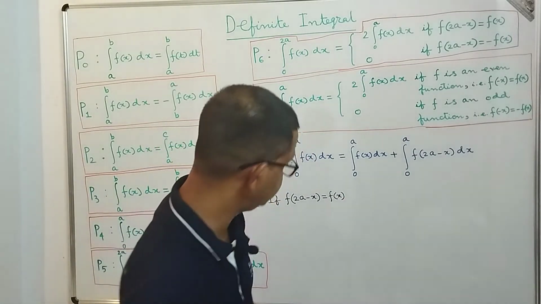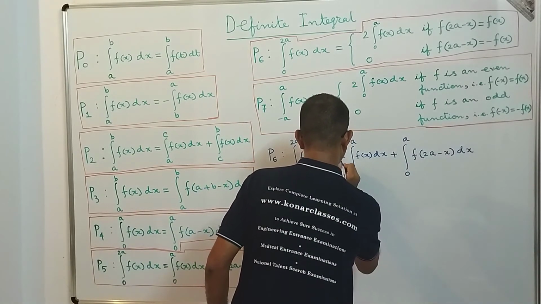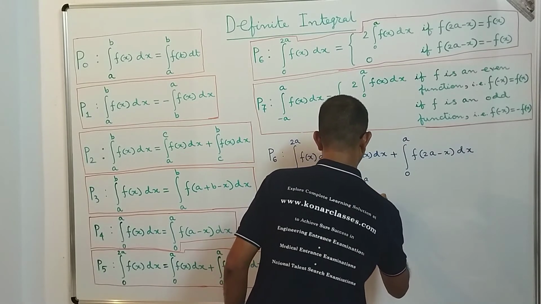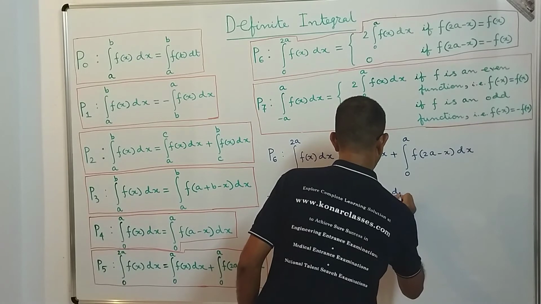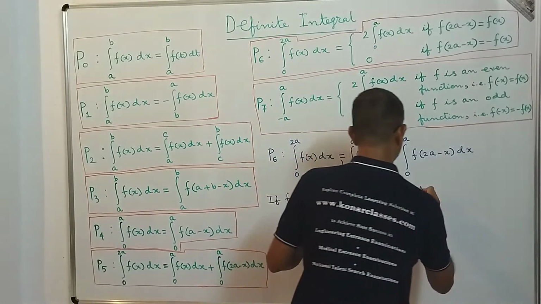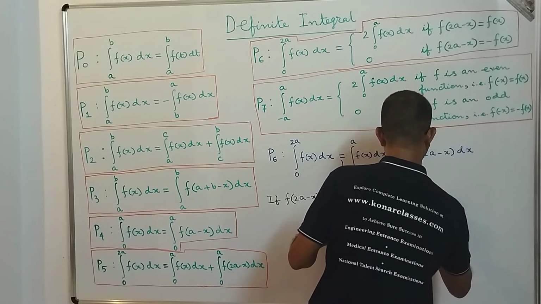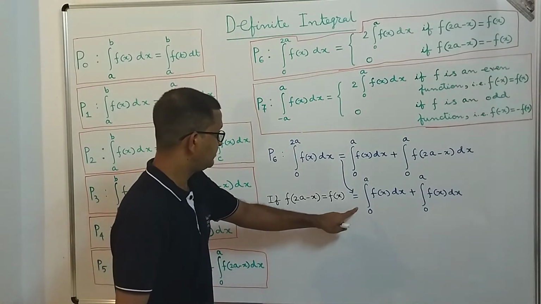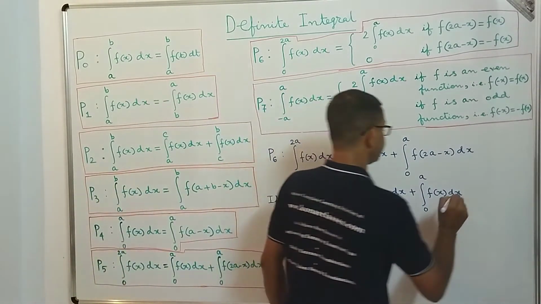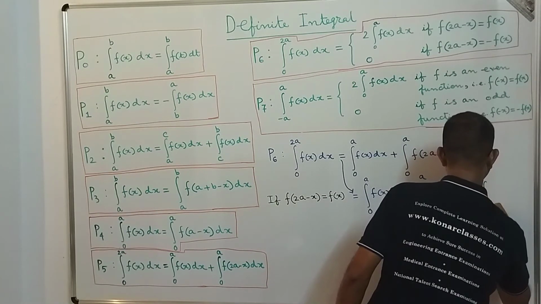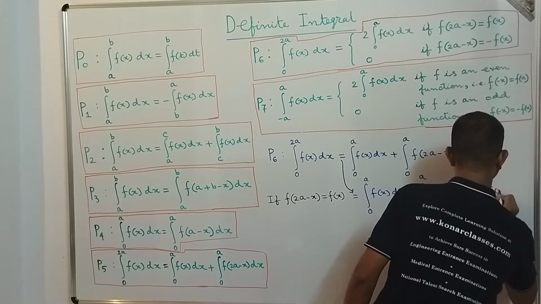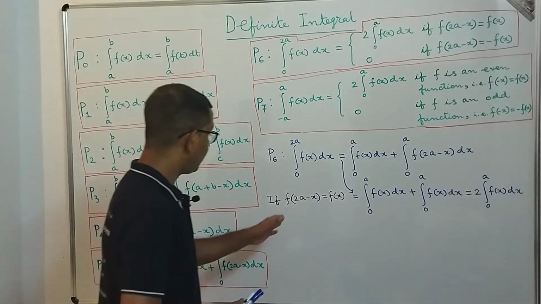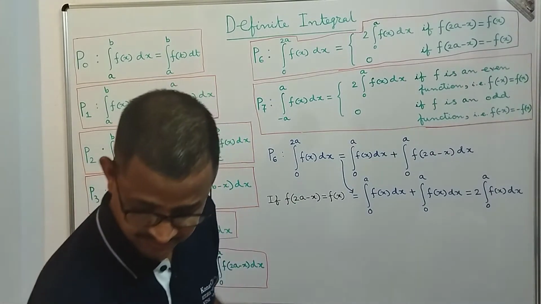The value of this integration will be equal to integration 0 to a f(x) dx plus integration 0 to a f(x) dx, correct? So that means 2 times integration 0 to a f(x) dx. Now dear students, let's take that f of 2a minus x equals minus f(x).